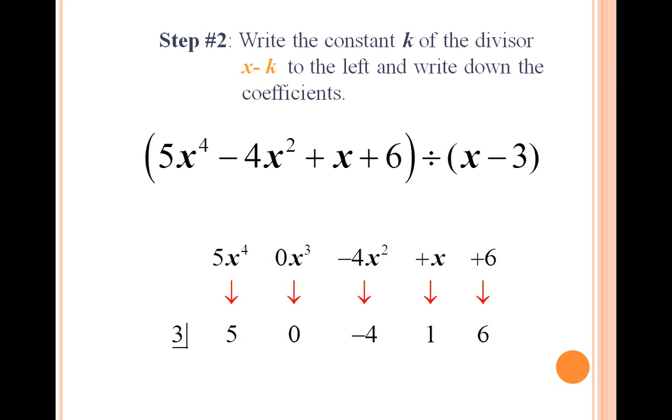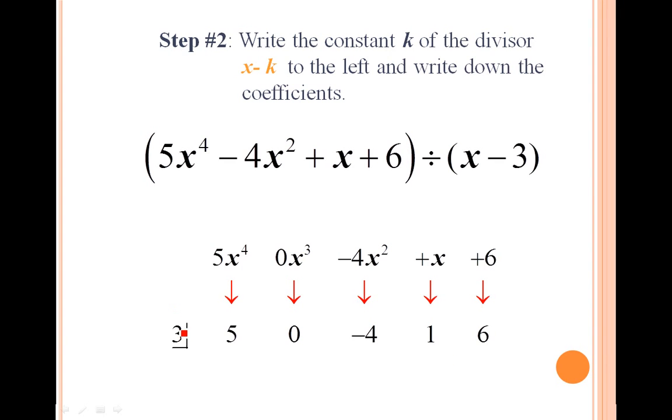Step 2, you need to write the constant k of the divisor, x minus k, to the left, and write down the coefficients. What I need to point out here is that k can be negative or positive. In this situation, even though you see a minus k, k is positive. Now if k was negative, this would be x plus k.